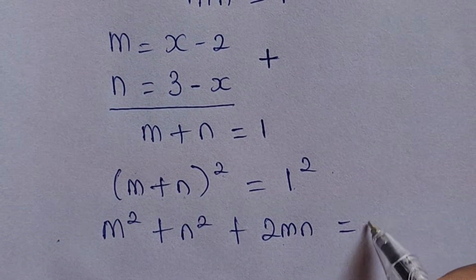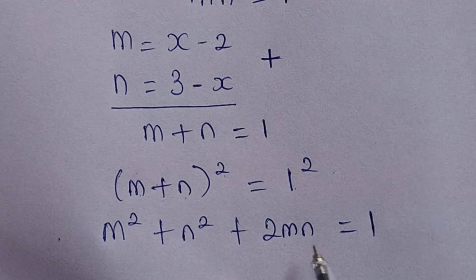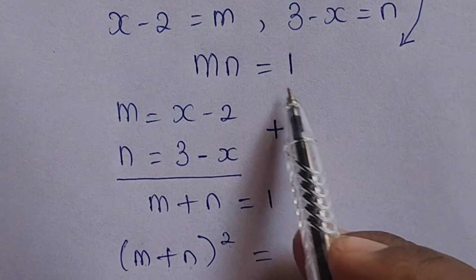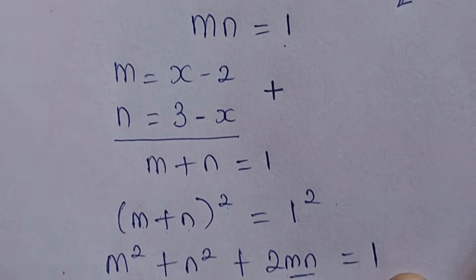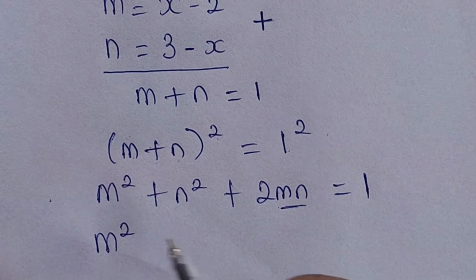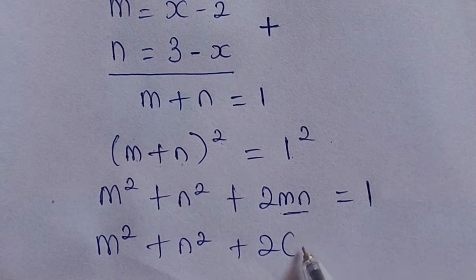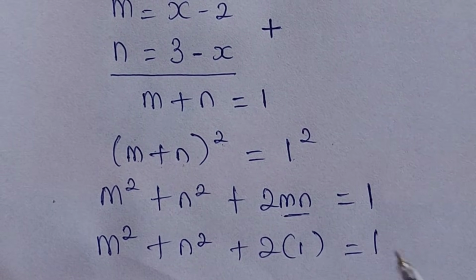equal to 1 to the power of 2, which is 1. But our mn is equal to 1, so we have m squared plus n squared plus 2 times 1 equal to 1.